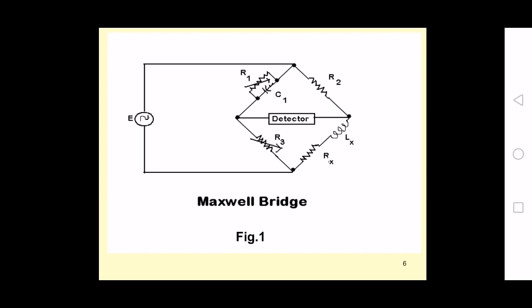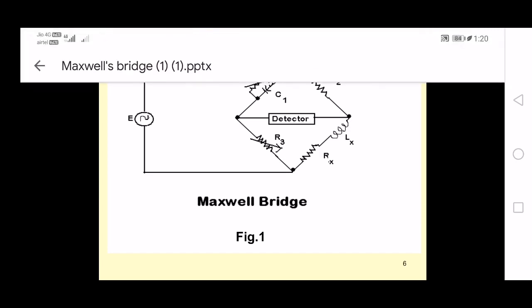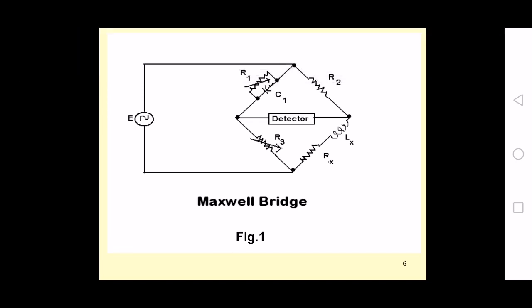For the two opposite junctions we are connecting the supply E. For the two other junctions we are connecting the detector, which is nothing but the headphones. In the first arm we have resistance and capacitance in parallel.